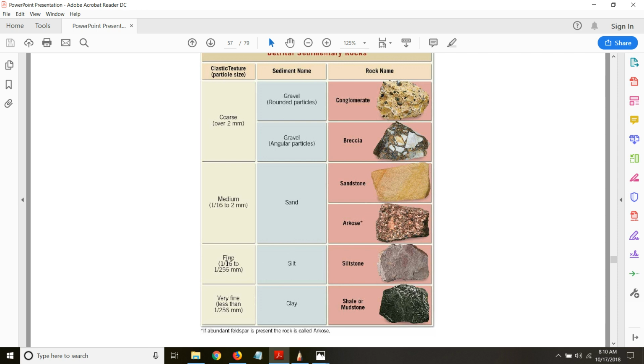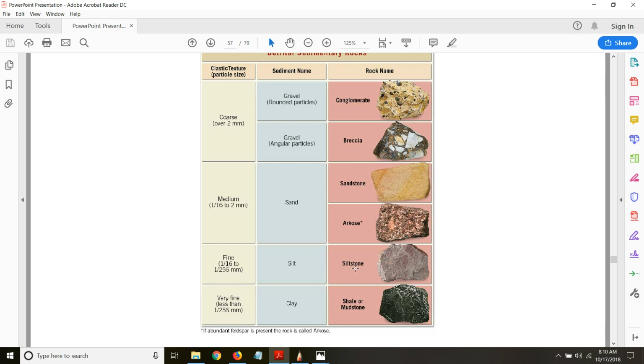Fine is the third category, where the sediments become even smaller in size, 1/256 to 1/16 millimeter. These are even finer sediments called siltstone. This will have a majority of very fine silt size sediments, and some of them might be larger size sediments.